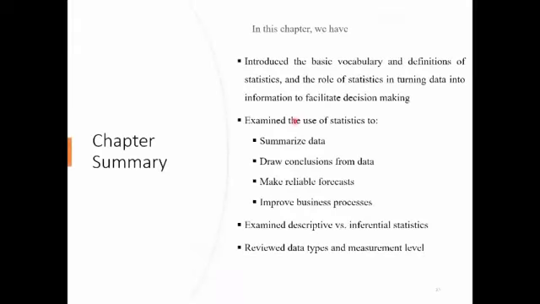And here I have given a small summary of what we were talking about. The objective of this particular chapter was to introduce to you certain terminologies that are very important, because these terminologies will be used in later chapters and you have to have a firm grasp of these terms.